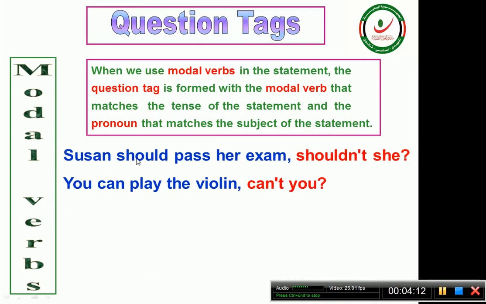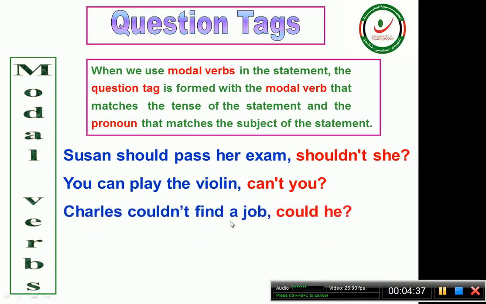Should here is affirmative, so in the question tag we should change it into negative. Shouldn't she? And because Susan is a woman, we should write the pronoun here she. You can play the violin, can't you? Here is affirmative can, and in the question tag is negative, can't you?